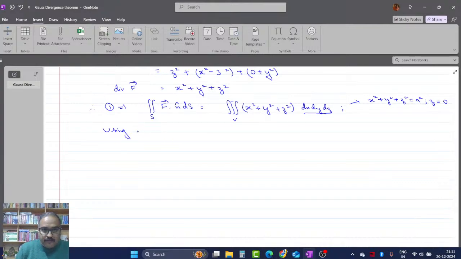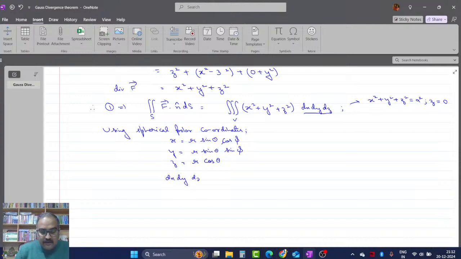So using spherical polar coordinates, I need to substitute x is equal to r sin theta cos phi, y is equal to r sin theta sin phi, and z equal to r cos theta, such that dx, dy and dz will be equal to r square sin theta dr, d theta and d phi.